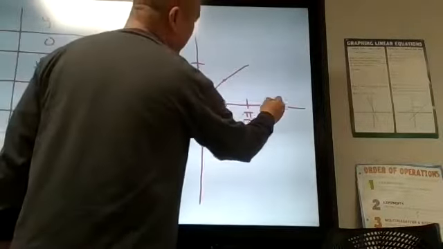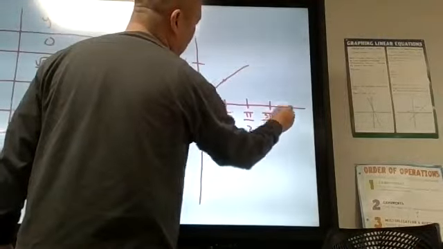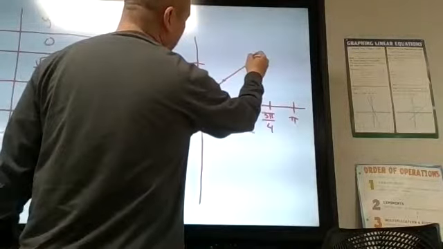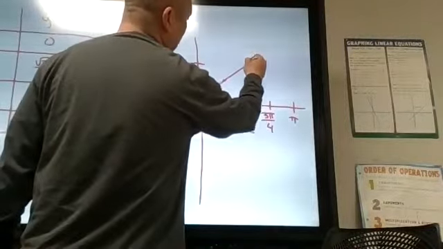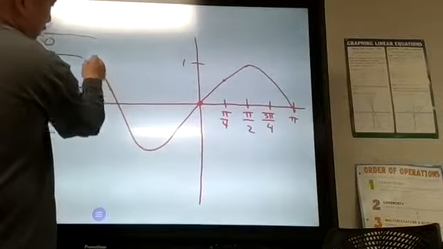Then 3 pi over 4, and then pi. And once it hits pi, it goes back to 0 again. And it does this whole wave back over.